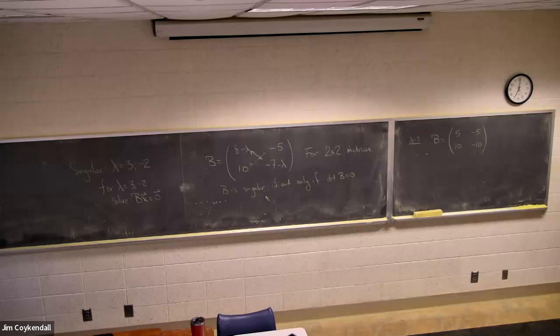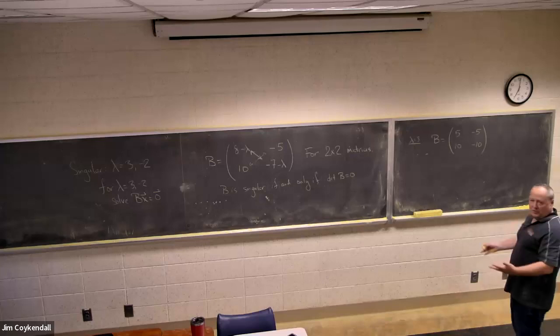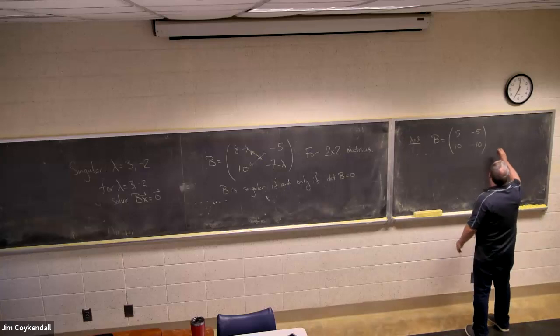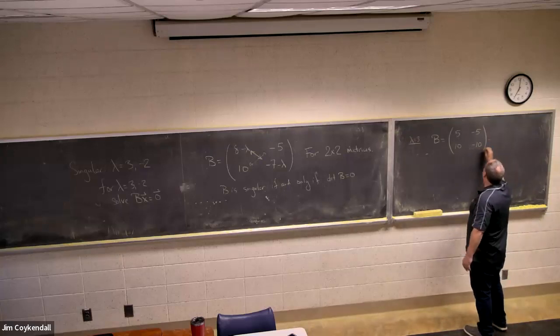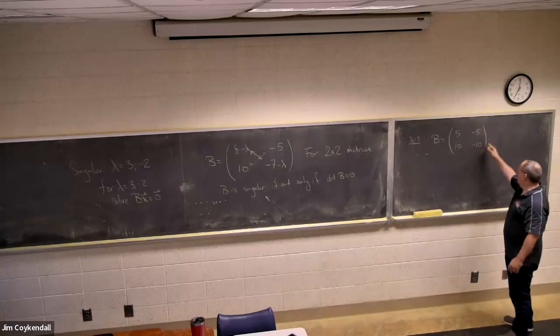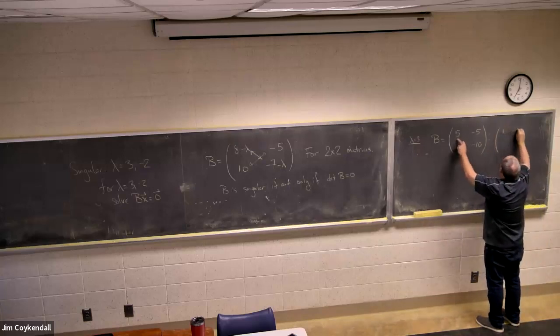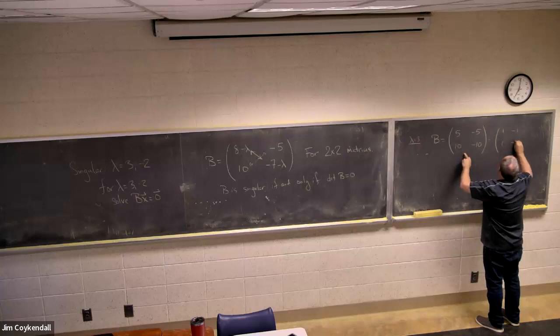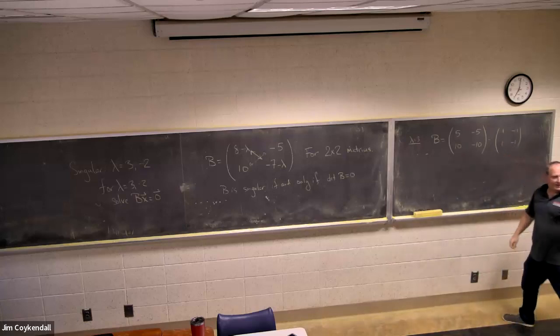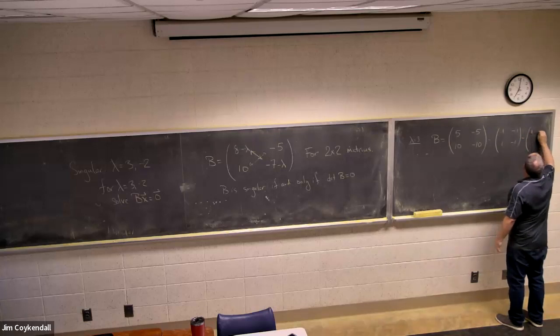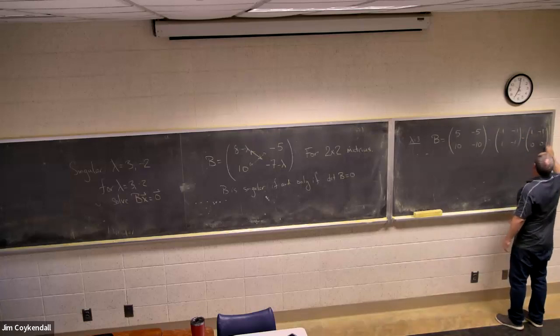It'll only have one. So it's certainly going to be singular. We're solving the homogeneous equation, so let's do it. Treat this like the augmented matrix with zeros over here. This reduces to 1, minus 1, 1, minus 1, dividing the top by 5 and the bottom by 10. And this is 1, minus 1, 0, 0.